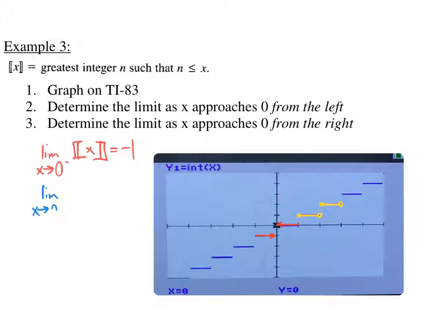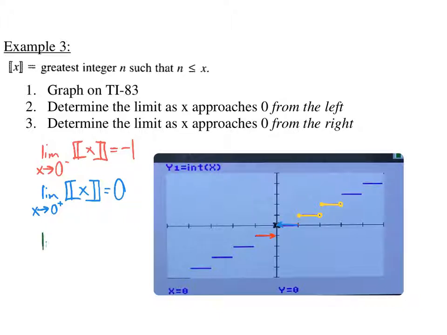The limit as x approaches 0 from the right would equal 0. We are approaching 0 from the right. So what do we know about the limit of this function as x approaches 0? It doesn't exist.